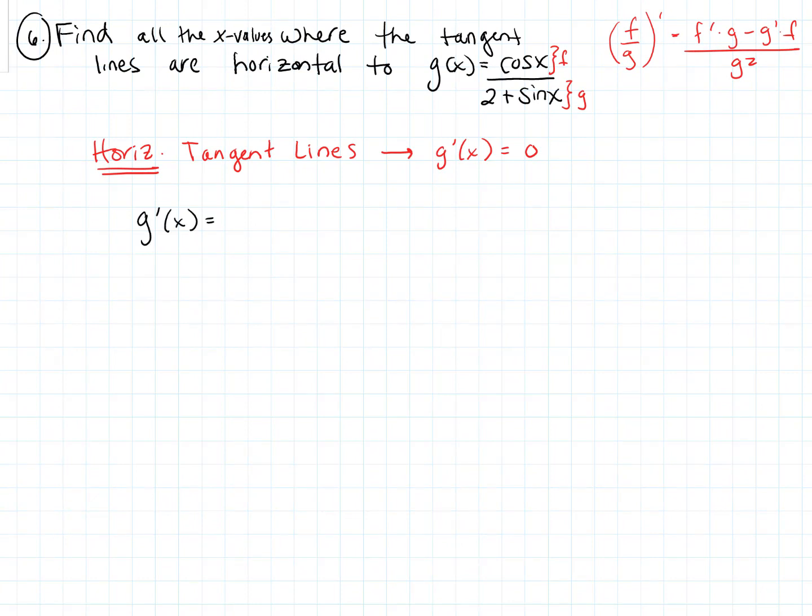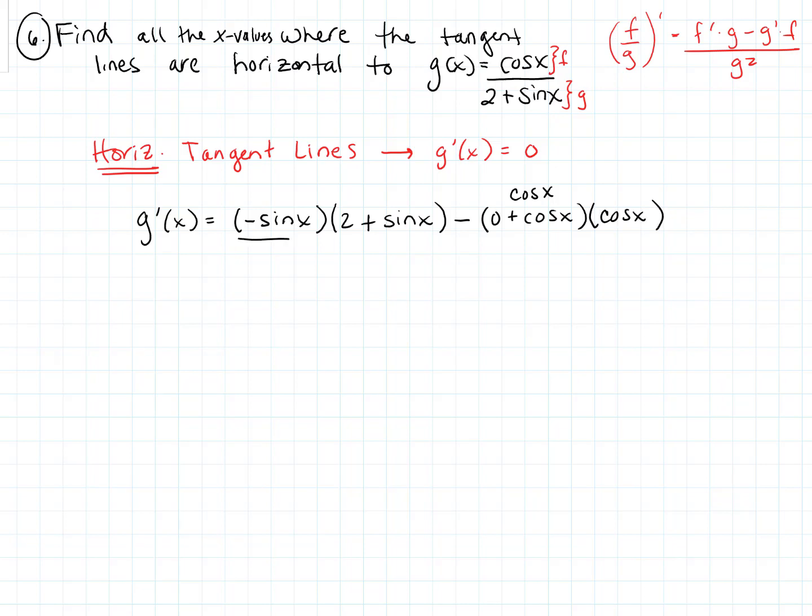Our derivative is going to be equal to the derivative of the cosine of x, which is minus sine of x, times 2 plus the sine of x, minus the derivative of 2 plus the sine of x, so that's actually going to be 0 plus cosine of x, obviously that's just the cosine of x, times the cosine of x. And all of that is going to be divided by 2 plus the sine of x, squared.